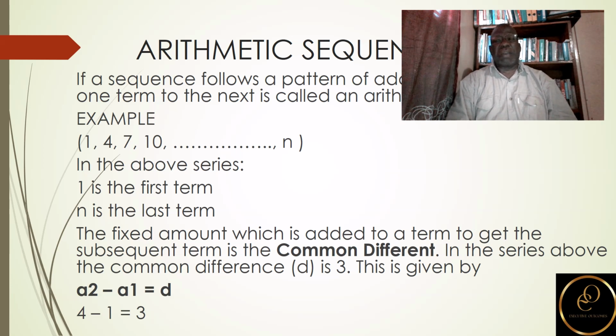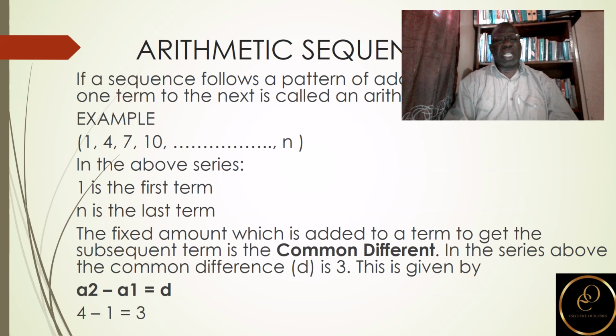If you look at the above sequence, where we have 1, 4, 7, and 10, we can obtain the common difference by looking at any two numbers in the series following each other. For instance, if we look at 4 and 1, the next term, which is 4, following 1, you subtract the first term, in this case 1. You find that the difference will be 3.